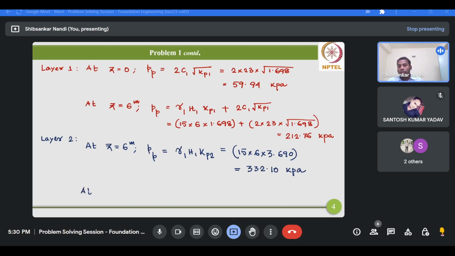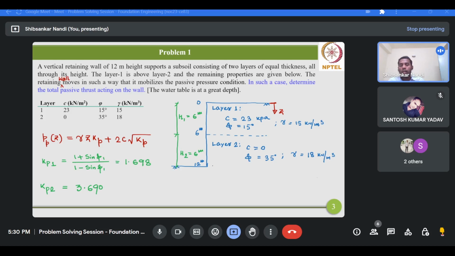Now we'll calculate the last one, that is the base of the wall or bottom of layer 2, that is z equals 12 meter. So the PP value would be gamma 1 H1 plus gamma 2 H2. Because up to the base of the wall you will have two layers, layer 1 and layer 2, and these two layers have different unit weights, so you have to calculate the vertical overburden separately.